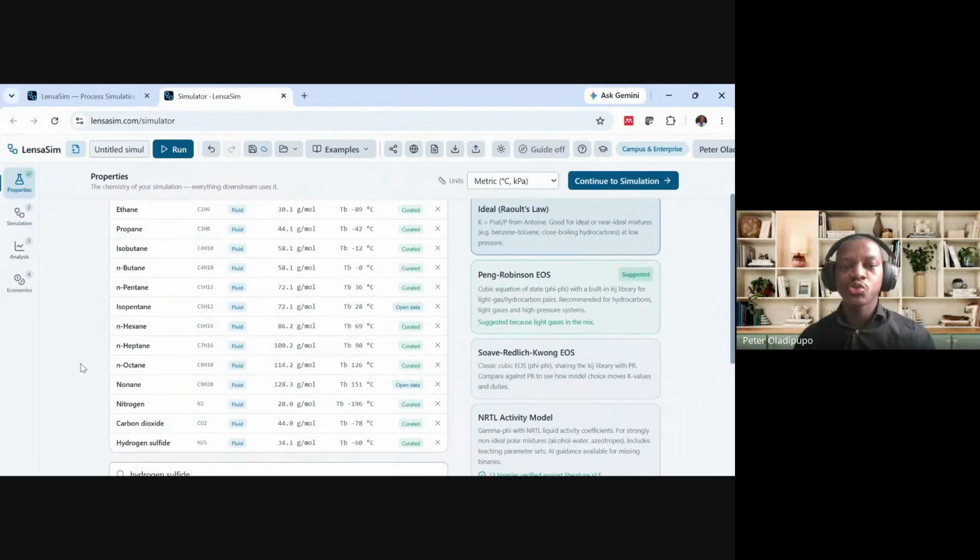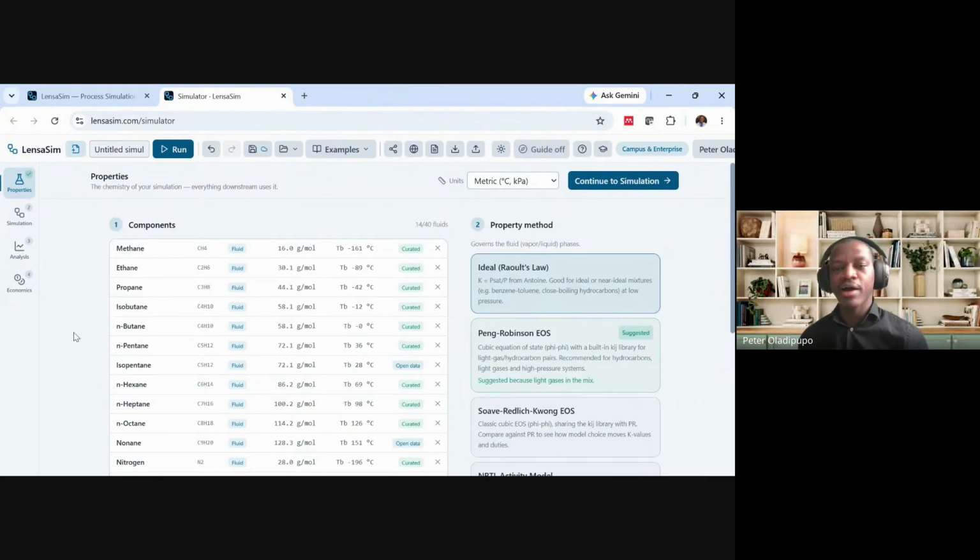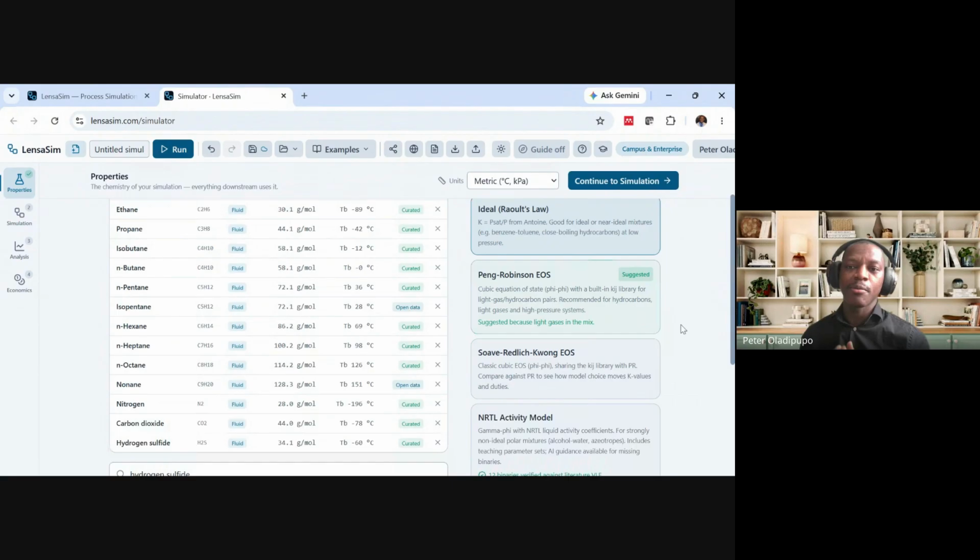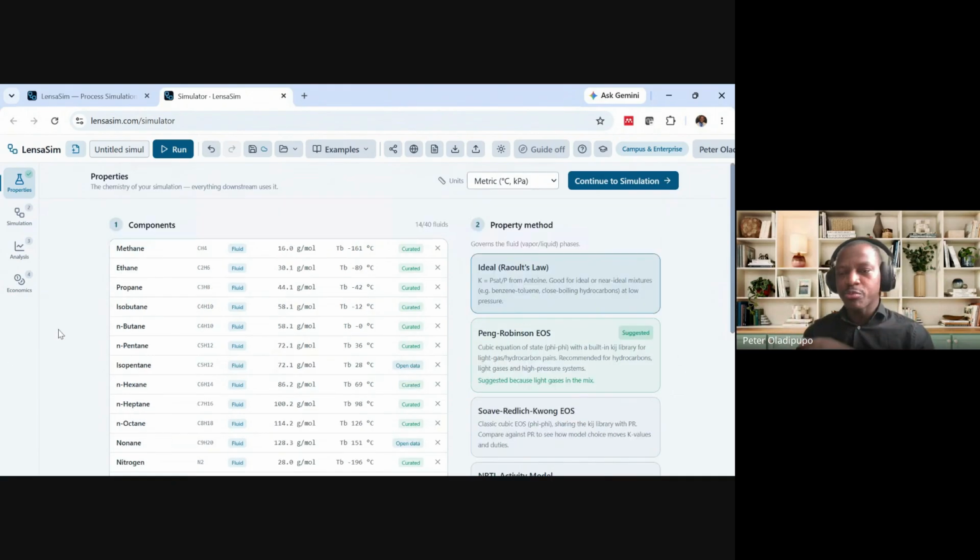So the next thing we need to do is to define the property package. A property method or property package is a thermodynamic package that defines the behavior of these components during the processes, either the separation processes or the reaction processes. It is like a predictive system that predicts how these components will behave under different conditions of the process we want to develop.